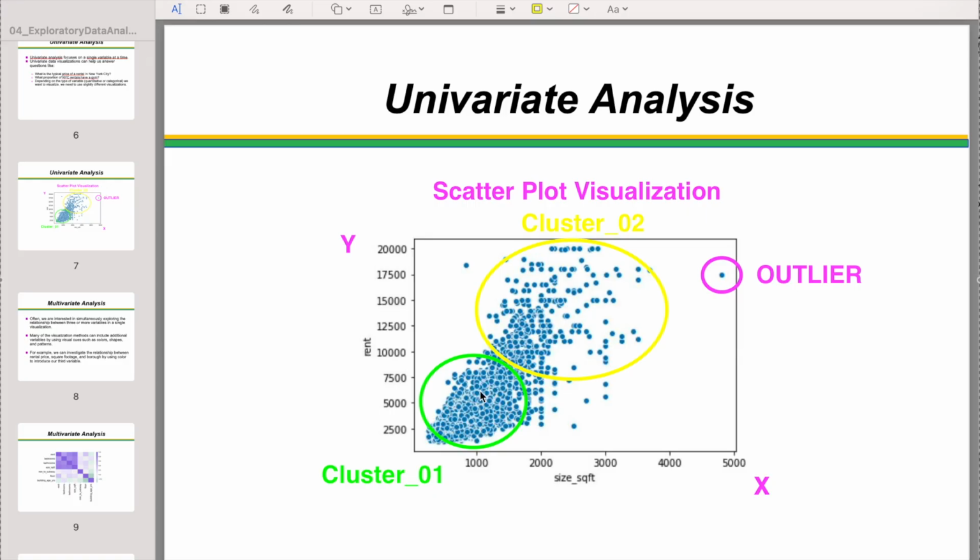The objects over here are very, very close to each other, and there are a lot of them in this green circle. The yellow circle is twice as big as the green, but it probably has the same number of dots in it, just because they have more space in between them. So we can also find clusters based on density.